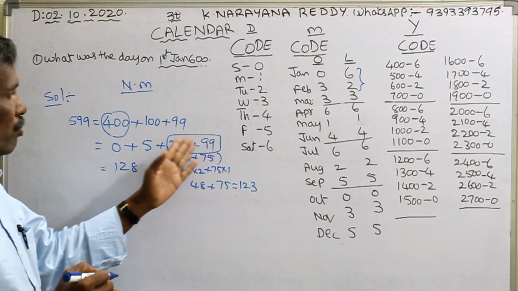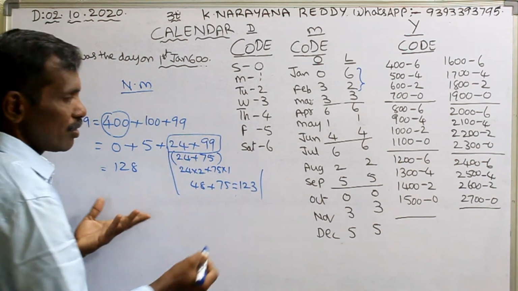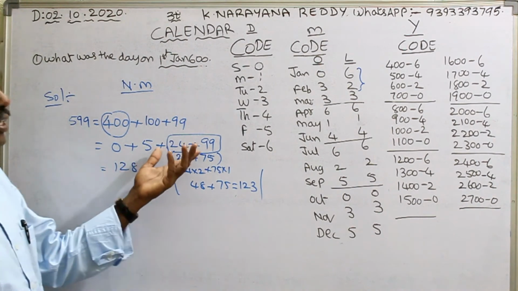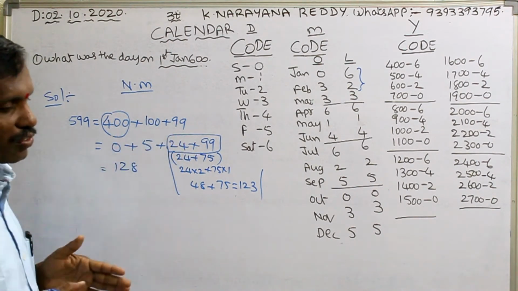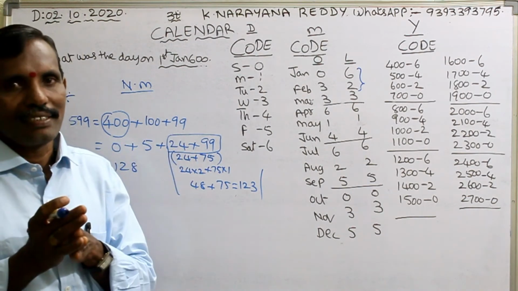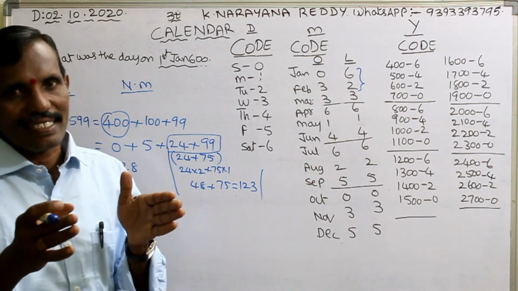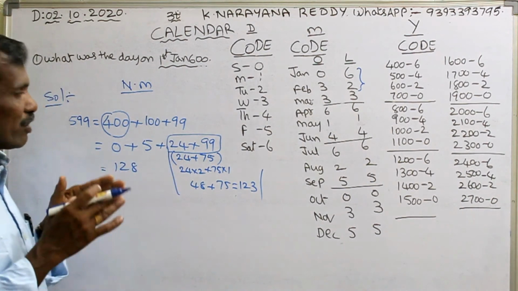By combining 99 and 24, it is 123. Both are the same, any difference? No difference. That is why you take the shortcut. These are shortcuts you have to use in mathematics at the time of examination, because we want to complete as early as possible, within seconds.